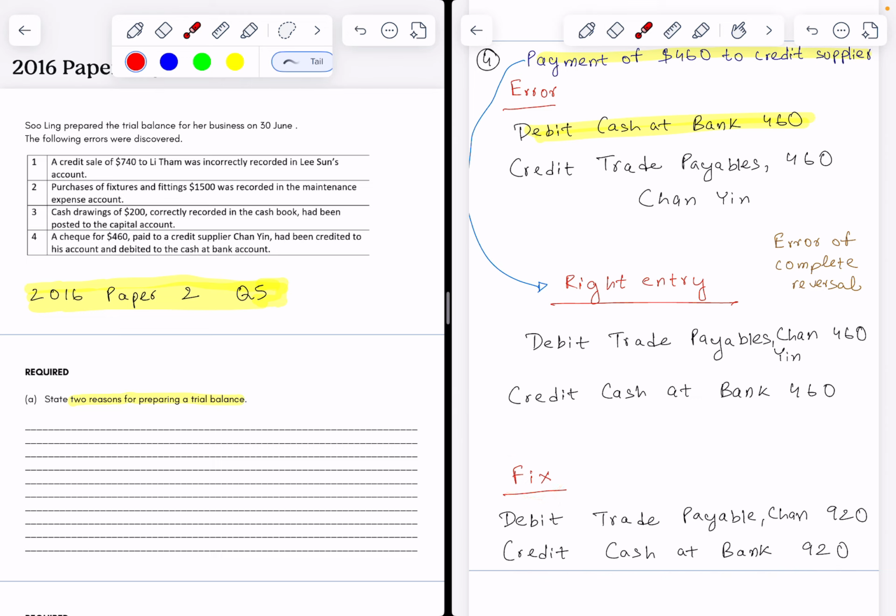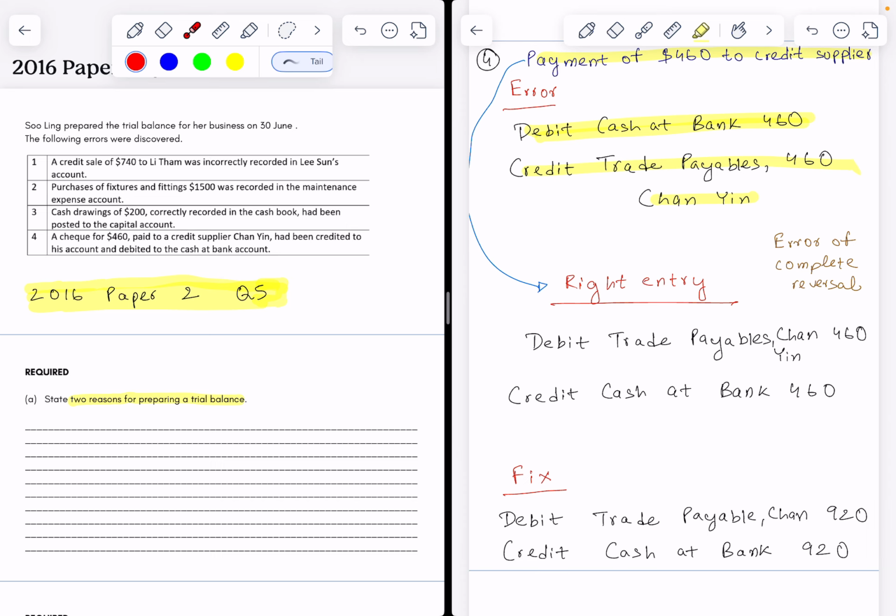And we repeat the same thing for the account of Shan Yin. So we want to go from credit 460 to debit 460. So how can we achieve this? We need to first make sure that the entire $460 of credit in the account of Shan Yin, the error that we have originally made, is offset. And then after this $460 of credit has been offset, we are left with a surplus of 460 more on the debits. So how can we achieve that?